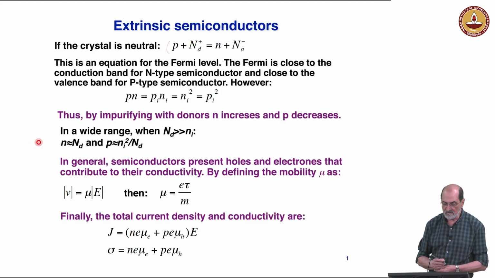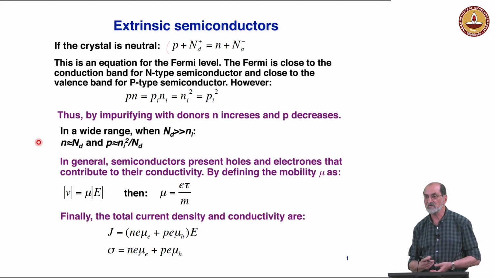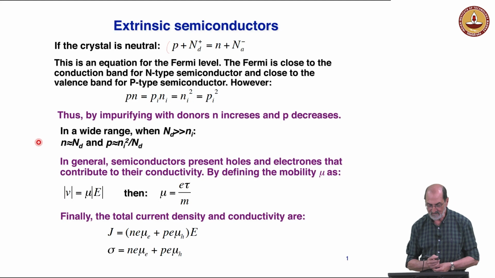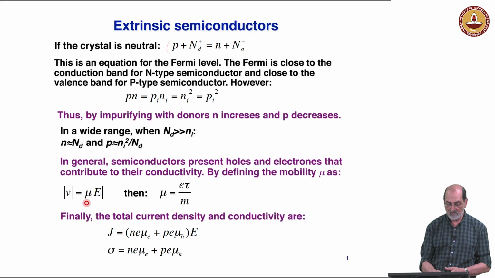In general, semiconductors have holes and electrons. Oh, I wrote electrons in Spanish, sorry. I realize now. We have holes and electrons that contribute to the conductivity. If we define the mobility, mu, the mobility relates the speed of the carrier to the applied field.